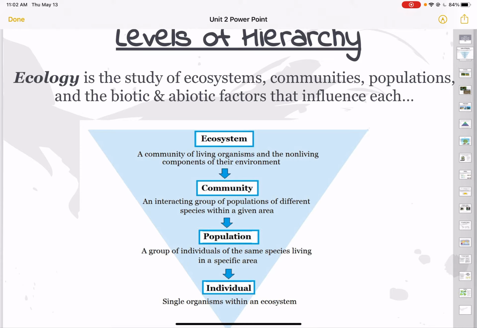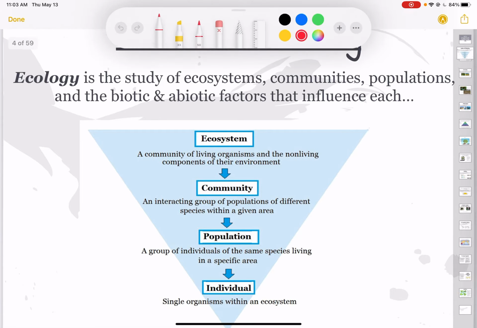And ecology has this hierarchy in which ecology is the study of ecosystems, communities, populations, and the biotic and abiotic factors that influence them. If we talk about what abiotic and biotic is, biotic is living things. Think of bio, that means living, and abiotic is non-living.